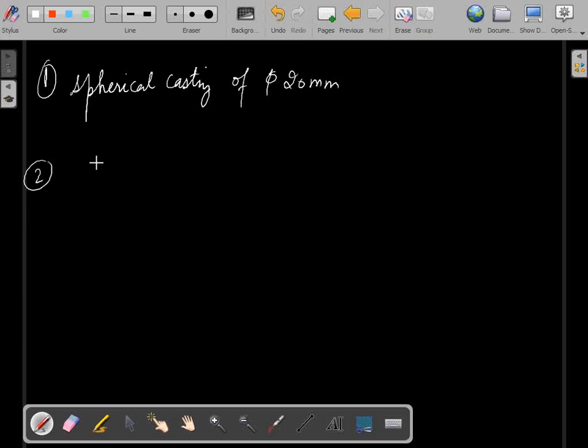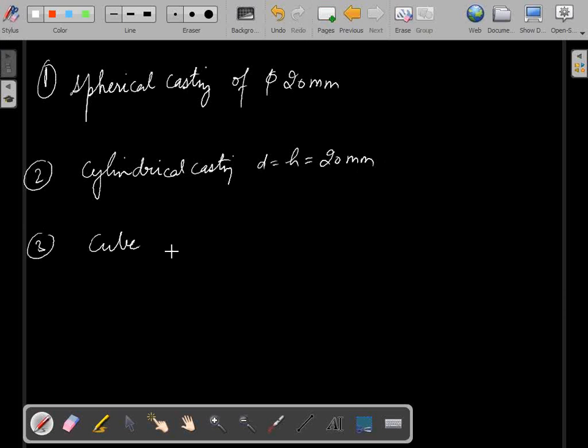Second, you have a cylindrical casting, with diameter equal to height equal to 20 mm. The third one is a cube of side 20 mm. So these are the three kinds of casting you have with the given dimensions.